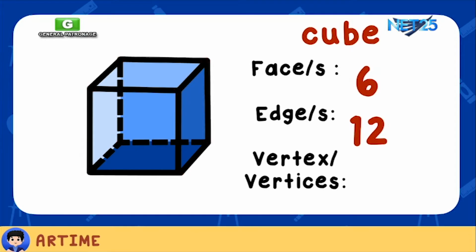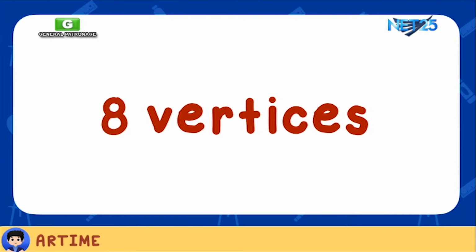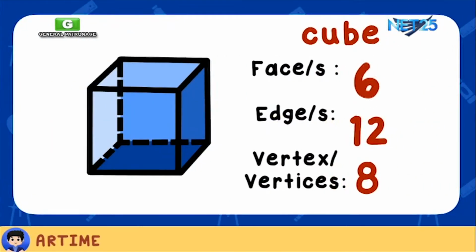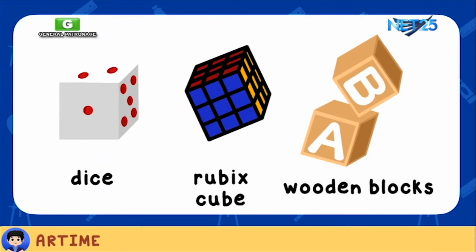The cube has 8 vertices. Good job! Remember, the cube has 6 faces, 12 edges, and 8 vertices. Here are examples of cube-shaped objects. A dice, a Rubik's Cube, and wooden blocks.